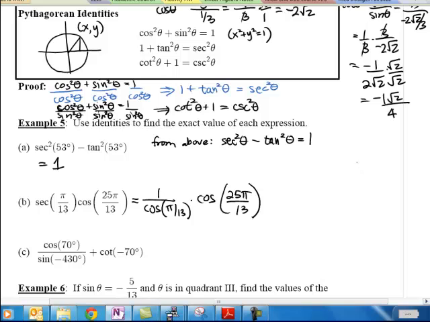Let's think about this. So 2 pi would be 26 pi over 13. Okay. So this would be pi over 13 short of 2 pi.